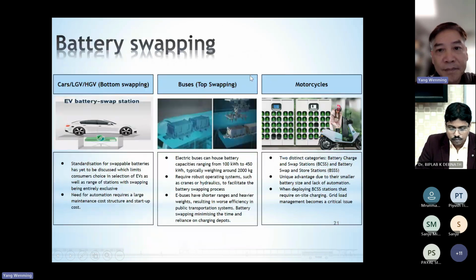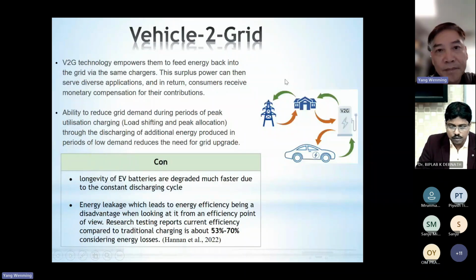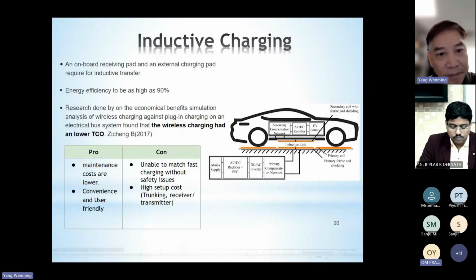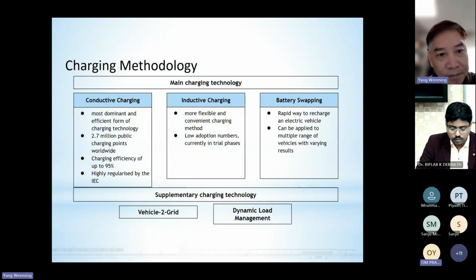Sir, I have a small query in fuel charging methodology, sir. How do the 2.7 million public charging points around the world impact the efficiency and adoption of conductive charging? Okay, this is the data in 2021. I think now it has increased to more than 10 million already.